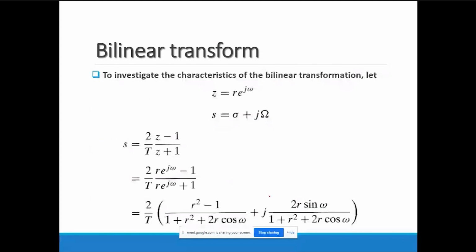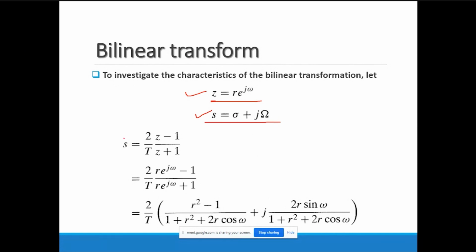To investigate the characteristics of the bilinear transformation, we are applying these terms. Z is equal to R into e raised to j omega. We separate this Z into real and imaginary parts. Here we are representing the Z domain, and here we are representing the S plane. So S is equal to sigma plus j omega.